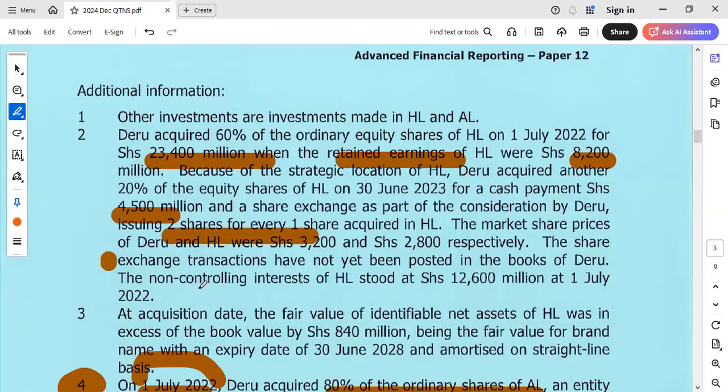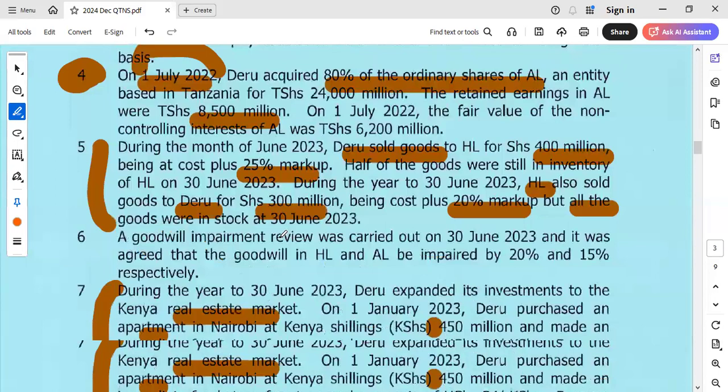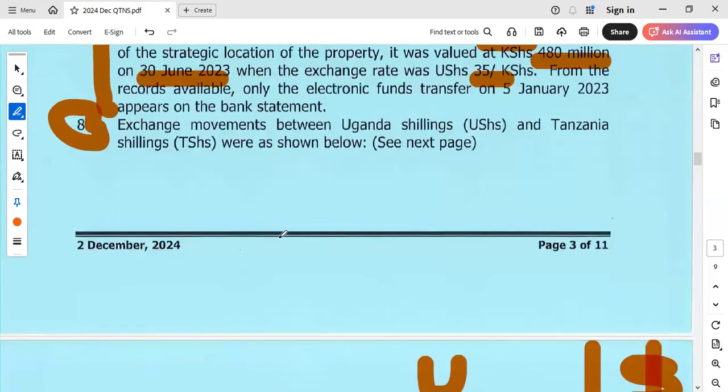And they are telling you that the non-controlling interests of HL stood at this. Now, when you're given NCI at acquisition date, then automatically the examiner is telling you to use the full goodwill method, especially where there is no statement telling you to use partial goodwill.